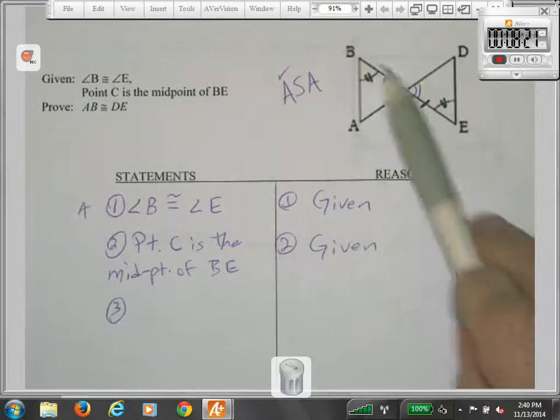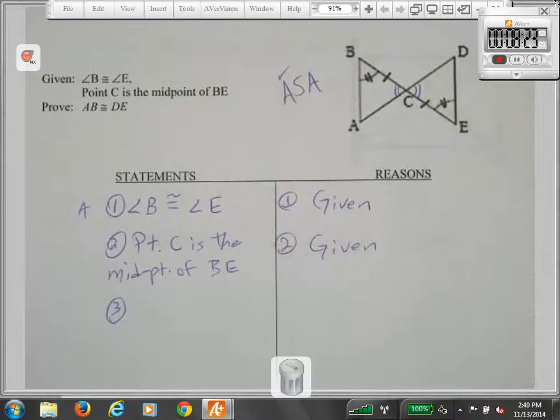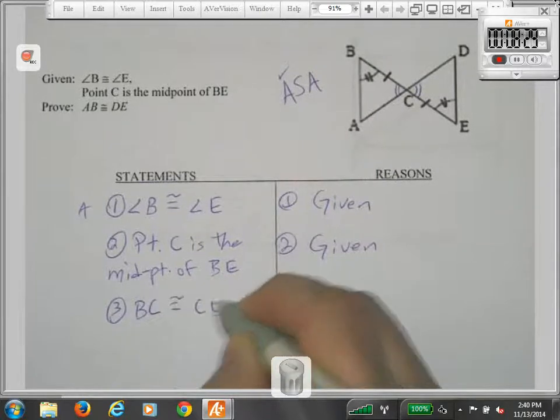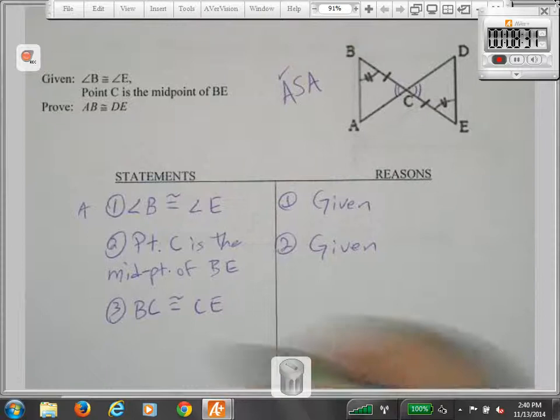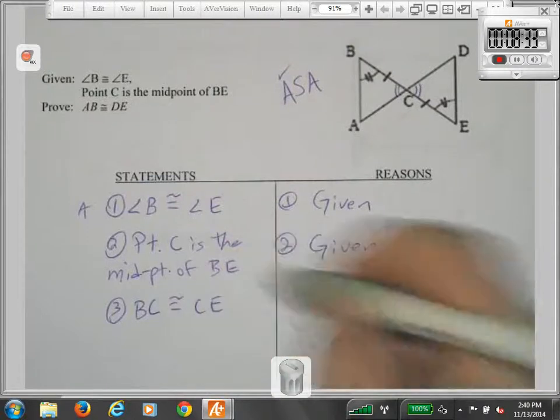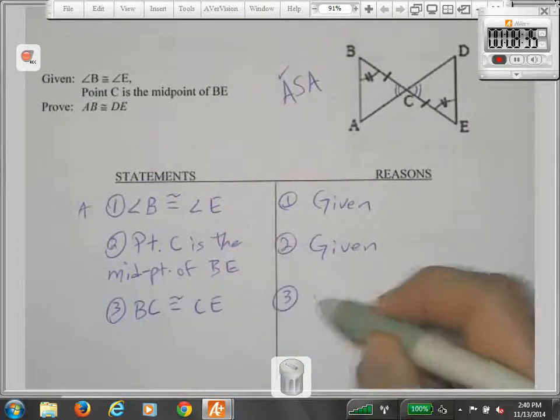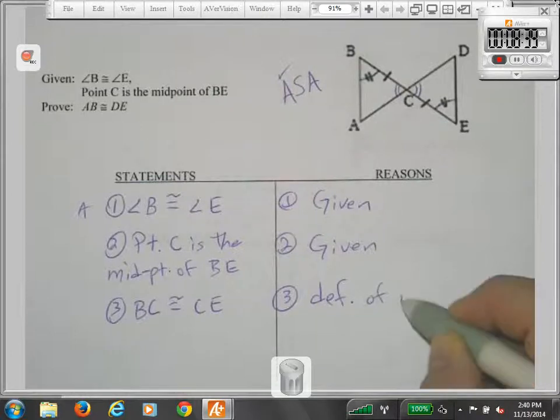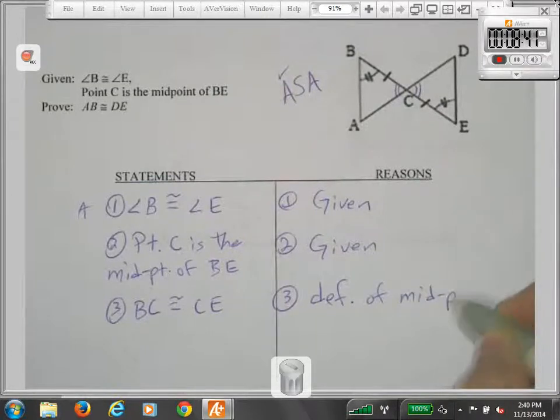So BC and CE are congruent. And they're congruent because of that midpoint. So what you write is definition of midpoint. It is the definition of the midpoint that makes those two pieces equal to each other. So that's our side, pair of sides.